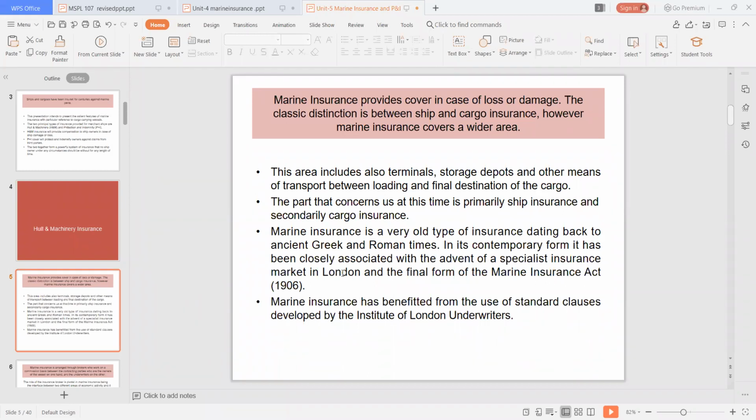In its contemporary form, it has been closely associated with the advent of the specialist insurance market in London and the final form of the Marine Insurance Act 1906. So this is the MIA, Marine Insurance Act. Marine insurance has benefited from the use of standard clauses developed by the Institute of London Underwriters, ILU. Already told about that, ILU and everything.